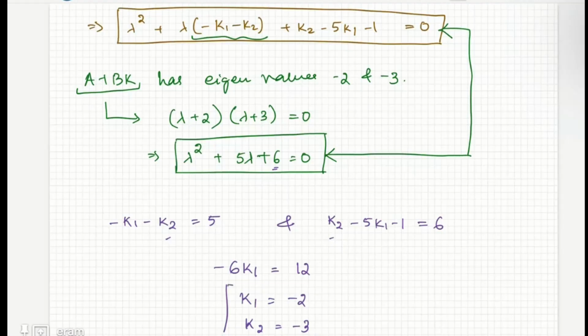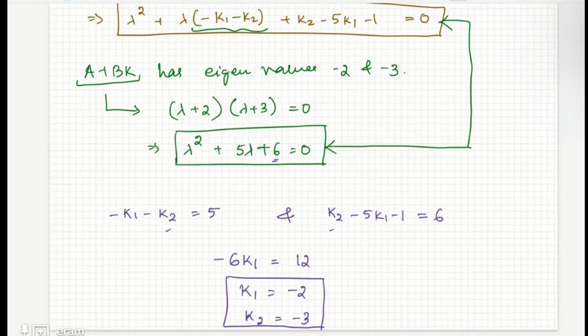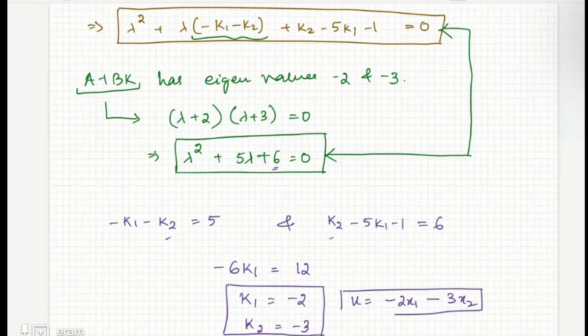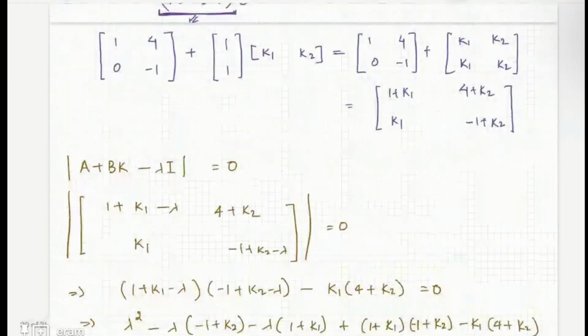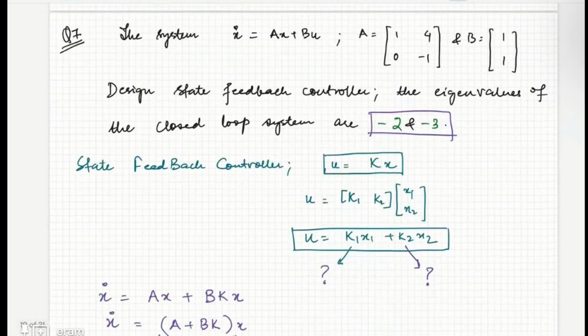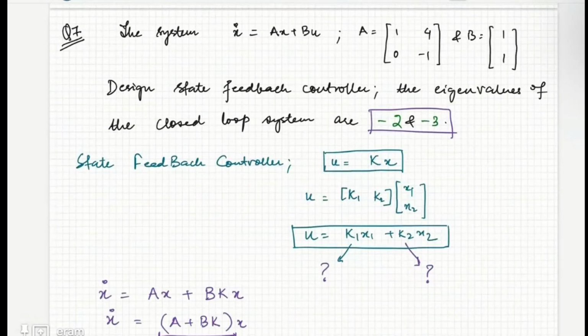Okay, so this is the state feedback controller, and our controller will be u equals K1 x1, that is -2 x1, and -3 x2. So when we provide this controller to this system, the system will be asymptotically stable, and the eigenvalues of the closed loop system will be -2 and -3.